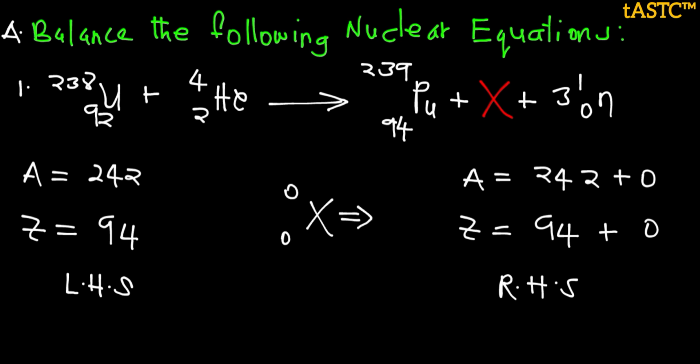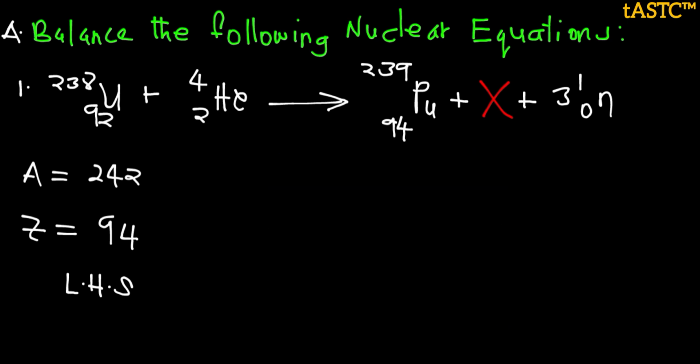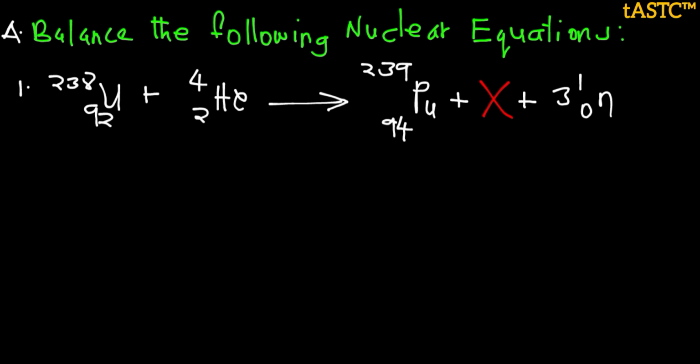Now remember what we said this is, right? This is the gamma particle. So this is what you should have there. So this is going to be a gamma particle. That is basically it. This will be the answer.